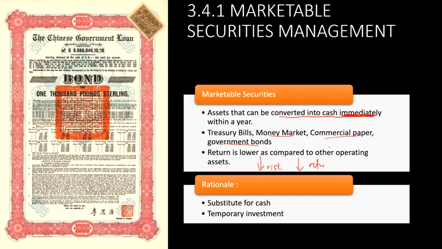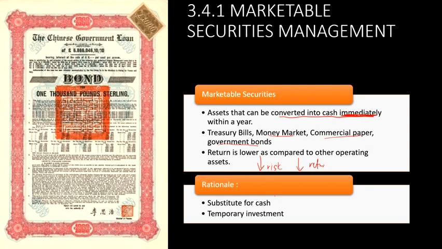So why do people choose marketable securities? Because marketable securities act as a substitute for cash, because they are easily converted into cash. That's the characteristic of marketable securities, easy to convert into cash. That's why it can be the substitute for cash. Second, it can be a temporary investment.